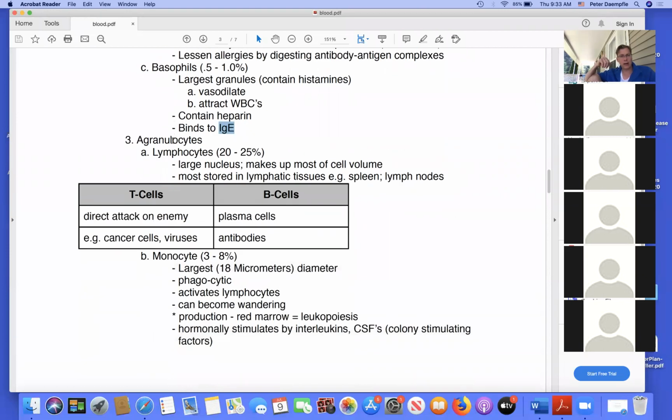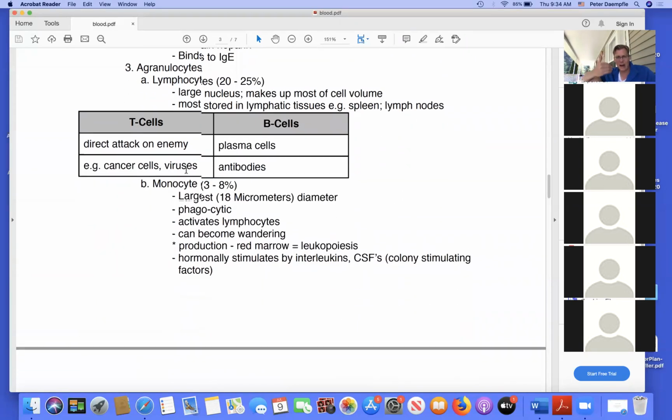The agranulocytes are a little bit more interesting in a way. The picture on page 475 is a close-up of a lymphocyte. Lymphocytes have all brain and no body. In other words, a large nucleus and very little cell volume. That's because they are the brains behind the operation.